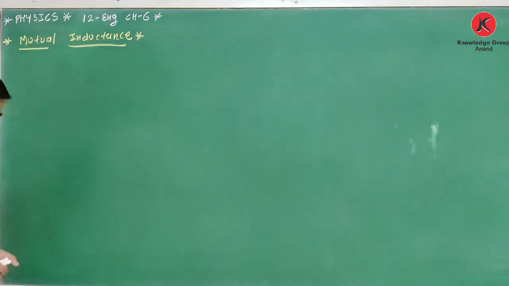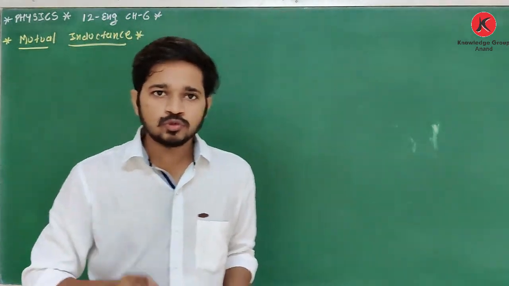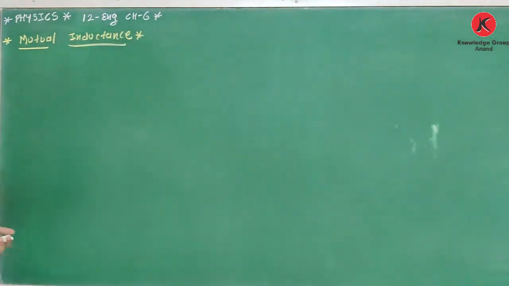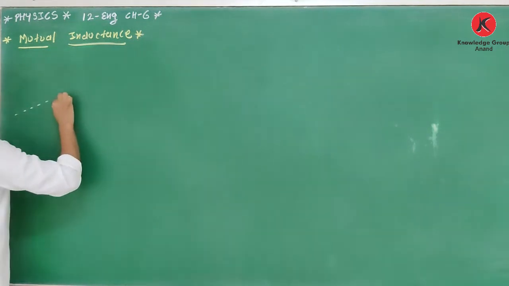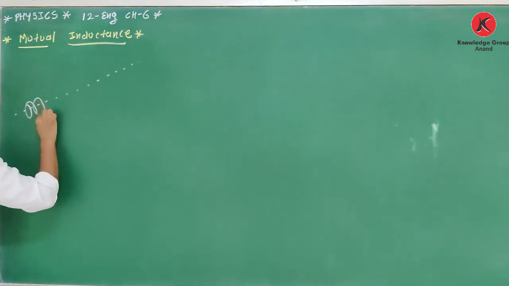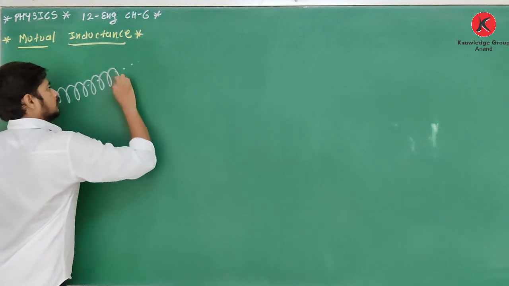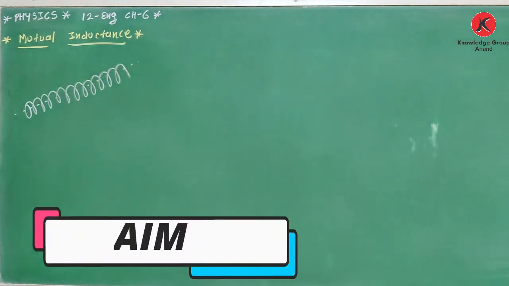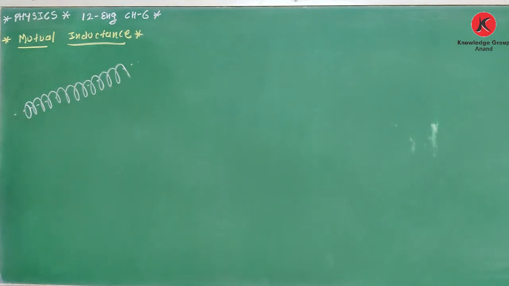For mutual inductance you have to consider two coils. Let the two coils be like this. It is the first coil, coil 1, and another coil is like this.